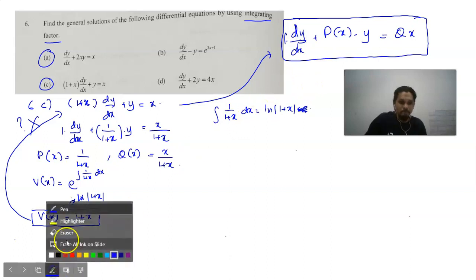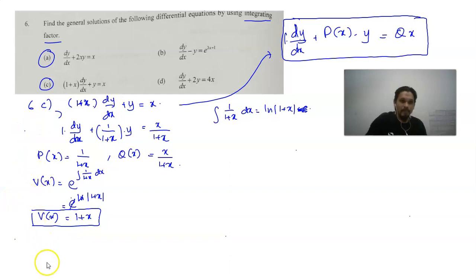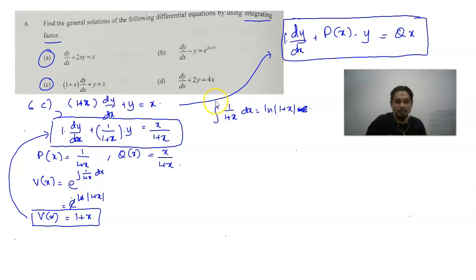If not, then this is V, and we are going to multiply with the adjusted equation, which is now exactly in this form of 1 dy/dx. So V(x) multiplied with dy/dx plus V(x) multiplied with P(x) times y equals V(x) Q(x).